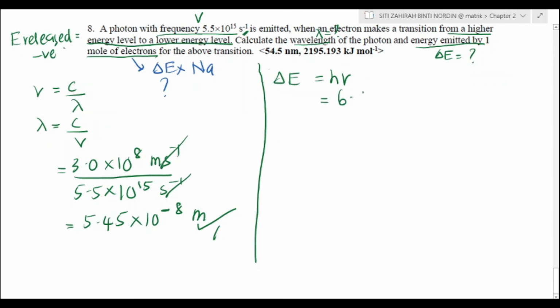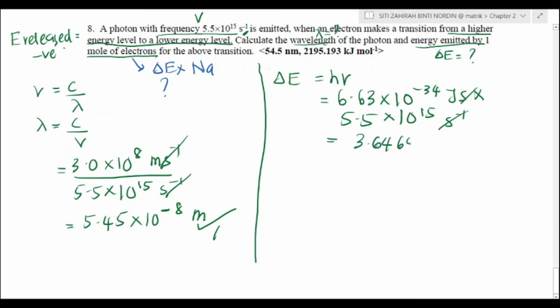There would be 6.63 times 10 to the power of minus 34 joule second times 5.5 times 10 to the power of 15 per second. So cancel off second with per second. You've got the energy 3.6465 times 10 to the power of minus 18 joule. This one is the energy change for 1 electron.